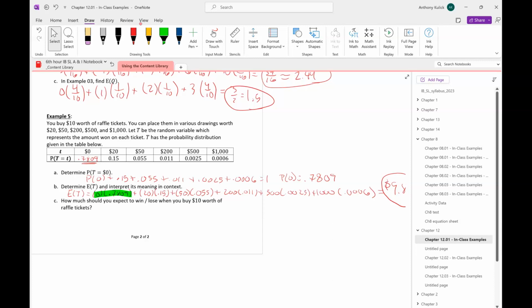If you wanted to know which one of these bets is the best bet, how would you know? You have these 5 different tickets you could buy, or drawings you could enter, right? The $20 drawing, the 50, the 200, the 500, or the 1,000.